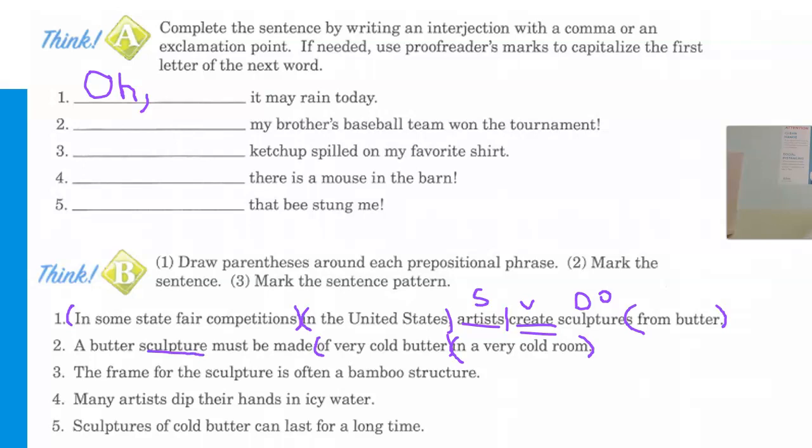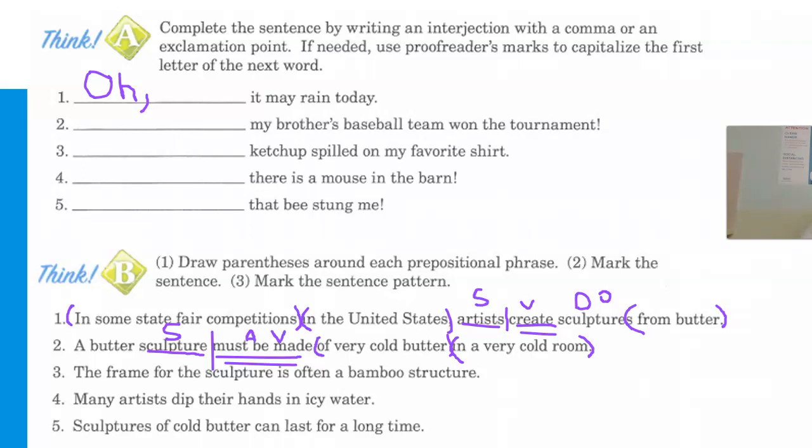Sculpture must be made. And butter and very cold describe sculpture. So here we would have subject and action verb. Go ahead and complete numbers 3 through 5 on your own.